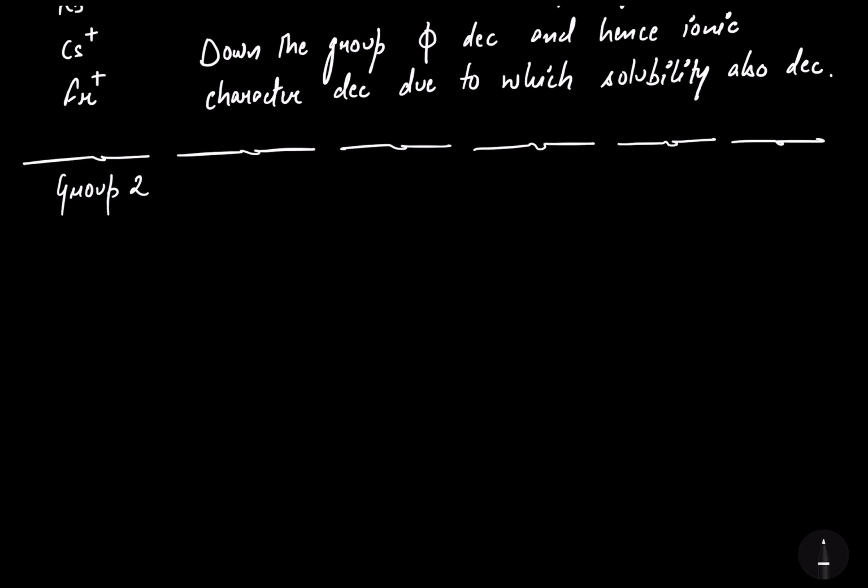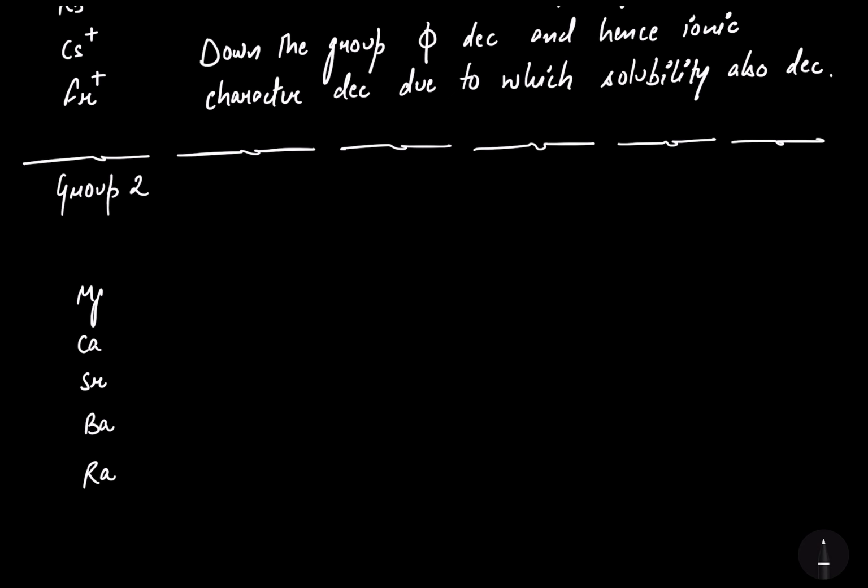Now group number 2 is beryllium, magnesium, calcium, strontium, barium, radium. Now I'm excluding beryllium over here because most of the compounds of beryllium are covalent in nature.